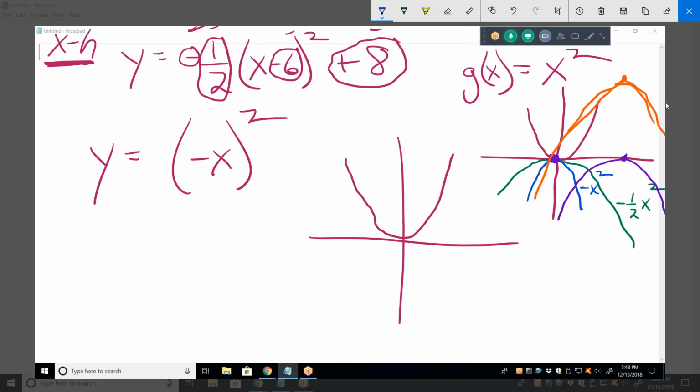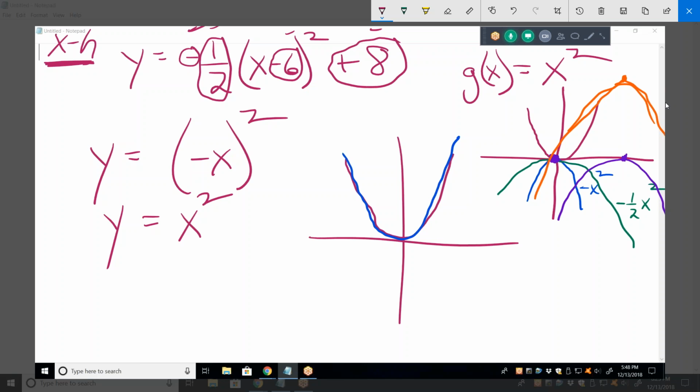Oh, okay. So that it's over the y-axis, what do I get? The same thing. And if I do the math, what do I get? The same thing. In other words, when you're dealing with this parent function, x squared, a horizontal reflection doesn't change anything.